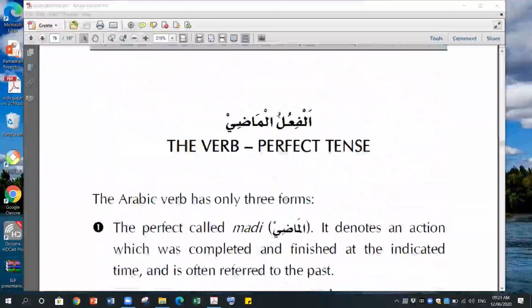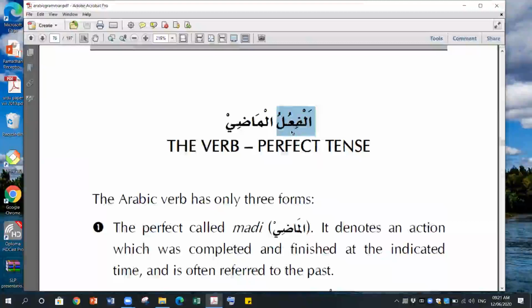So we will use this word as a pattern, as a sample, and we will apply different words on its scale. Now fi'l has three root letters. Nashmi, what are those? Fa, ain, and lam.